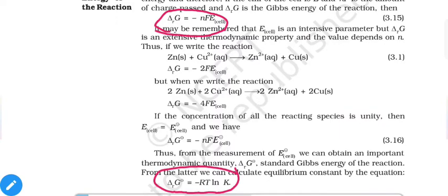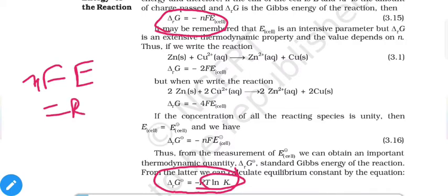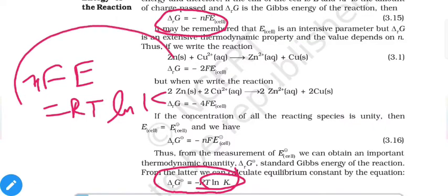Delta G is equal to minus RT ln K. So we can use these two equations together and we can say that nFE is equal to RT ln K. So this relationship is being used in that Nernst equation.